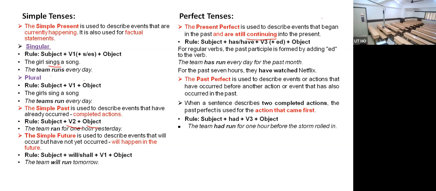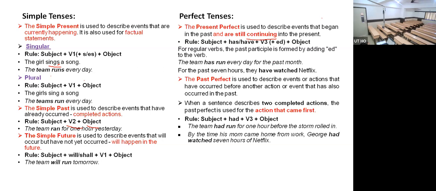So the team had run for 1 hour before the storm rolled in. Here if you see there are two actions taking place. One is the team had run and the other is the storm rolled in. The storm rolled in is the later action. Team had run is the action that came earlier. Right? So the team had run for 1 hour before the storm rolled in gives you the idea that two actions happened, one before the other.